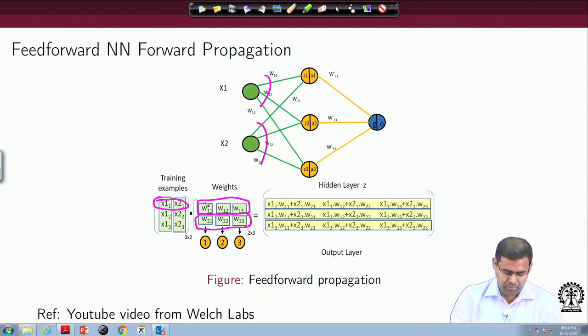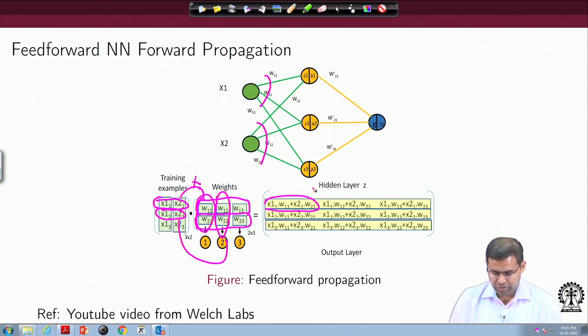So, this gets multiplied with this column, and similarly the next row gets multiplied with the second column, and in that way you get the corresponding entries. So, the first row and the first column multiply to give you the 1/1th entry here, right.